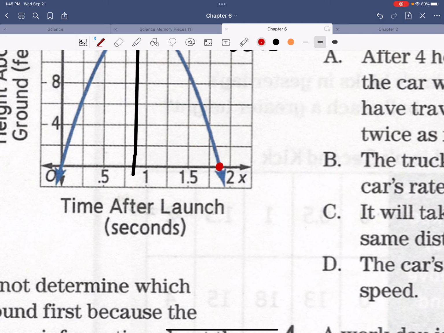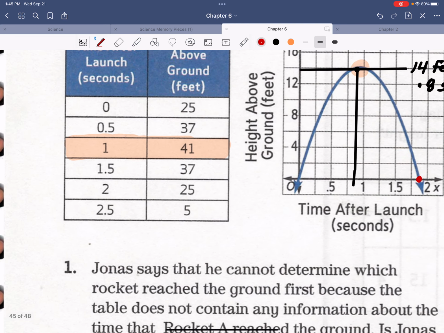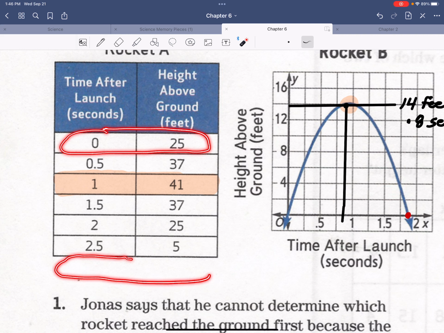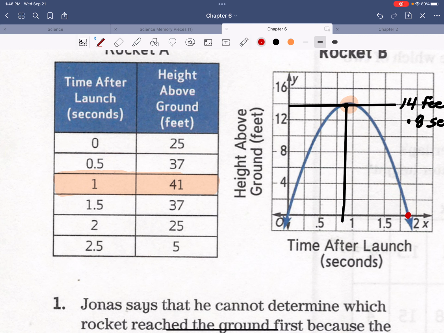Rocket B hit the ground just before 2 seconds. But when you go over here to look for rocket A, it doesn't tell me that. It tells me that it was 25 feet on a platform when it was launched, but it doesn't tell me when y is 0. In other words, there's nothing here that fits this pattern. We don't know what the number of seconds were.